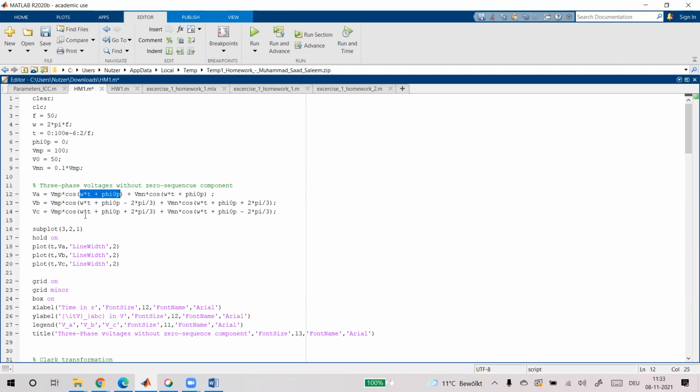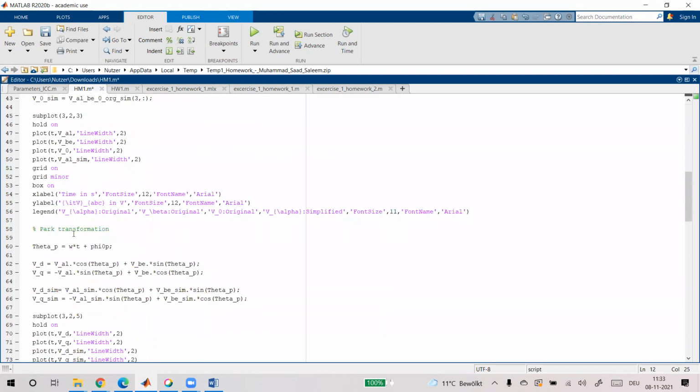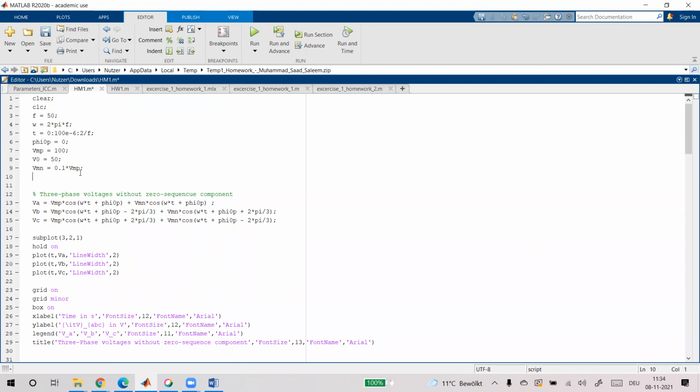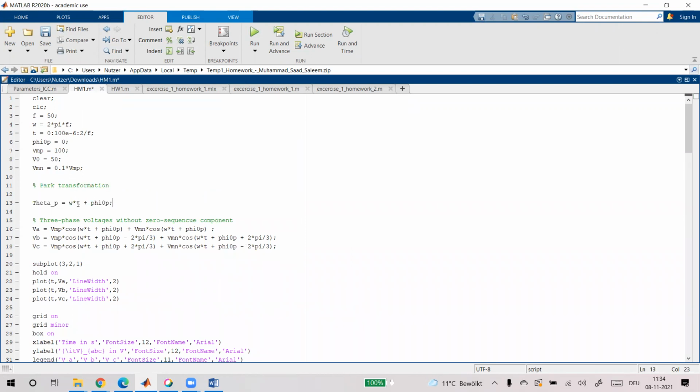So for the park transformation angle, where do we use it? It's here. So I'll just put it on the top so that we see it. And I would like to change a few things here. So let's say theta positive as this, and I use this theta positive here.